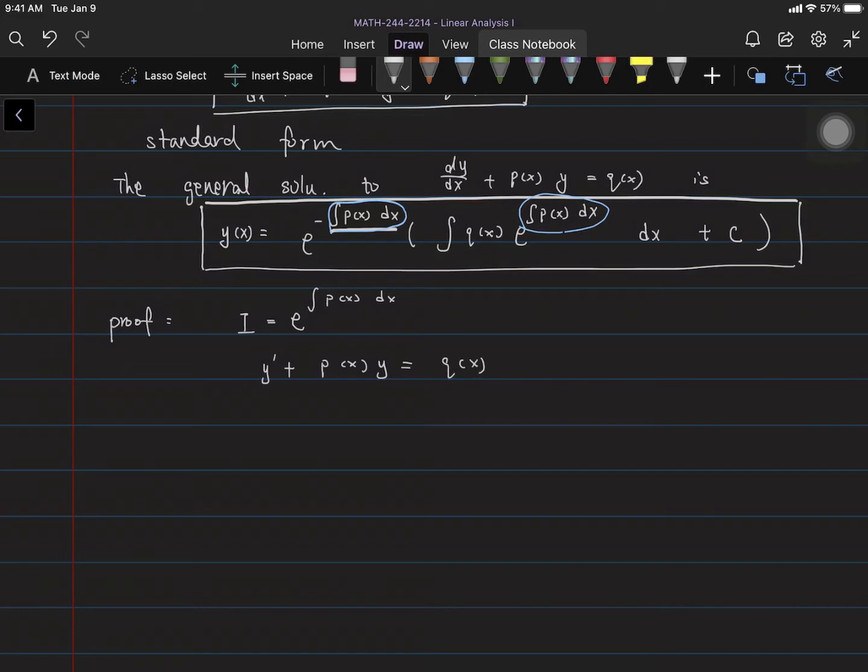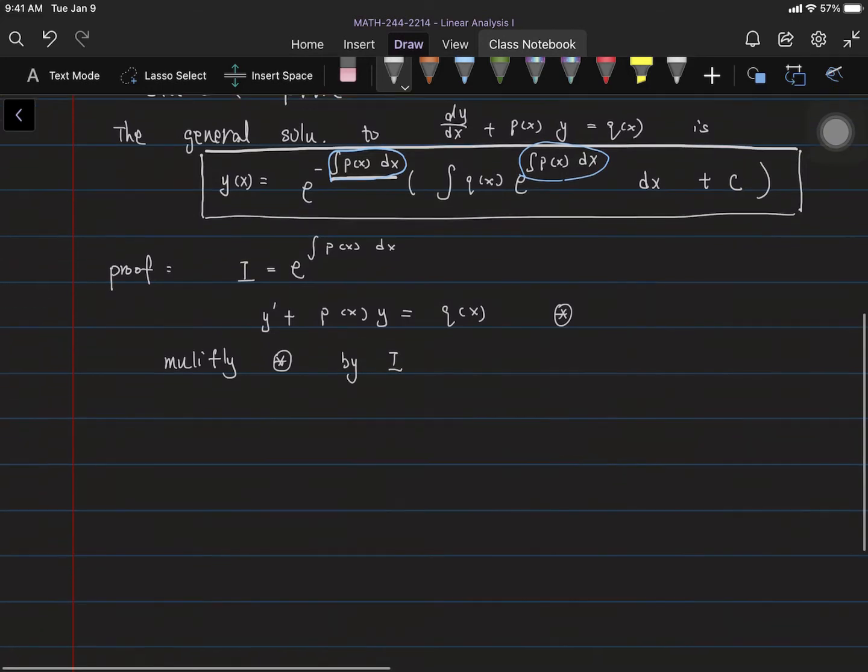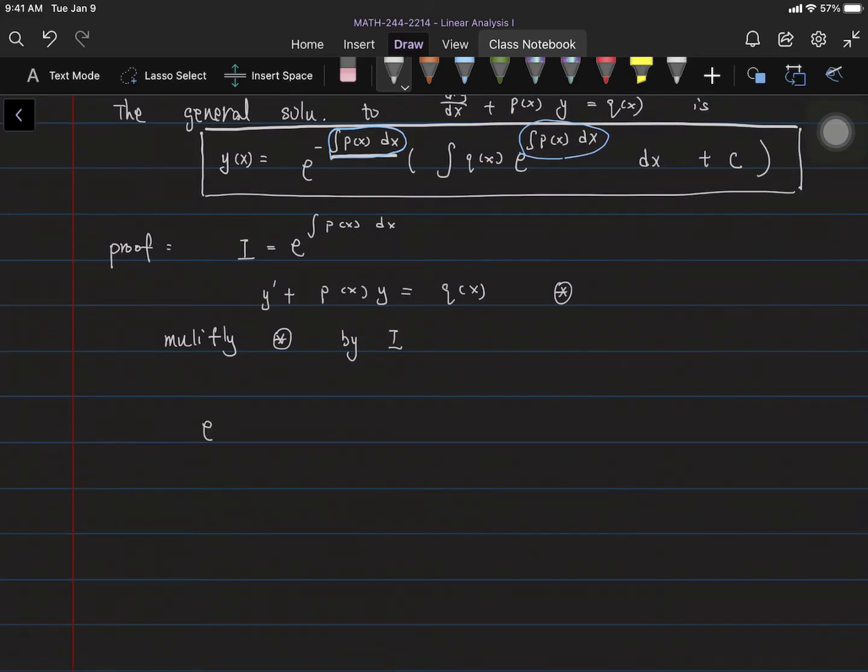Now we multiply both sides of the equation by this I. So what do we have? e to the integral of p(x) dx times y prime, plus each term multiplied by this, e to the integral of p(x) dx times p(x) y, equals e to the integral of p(x) dx times q(x).